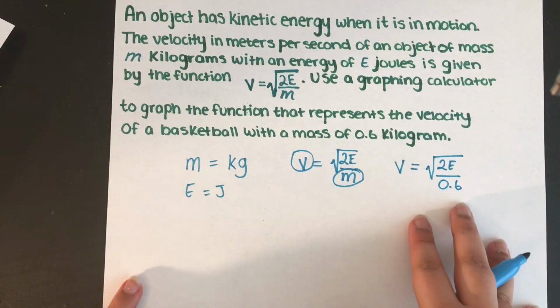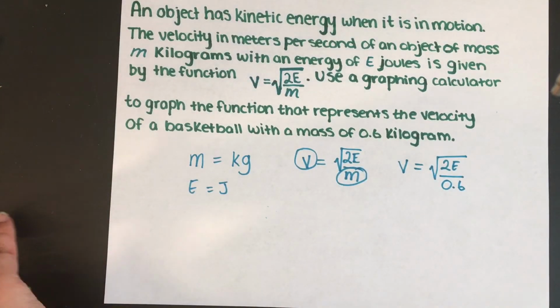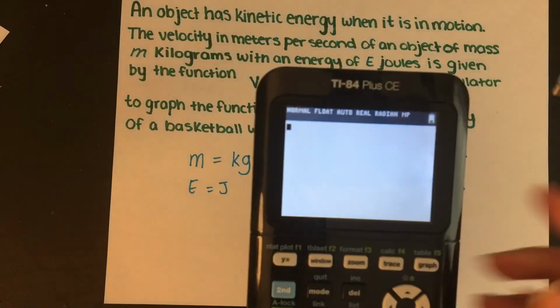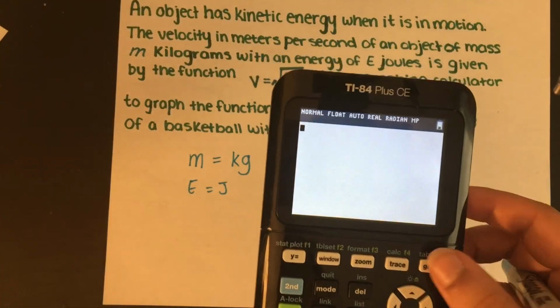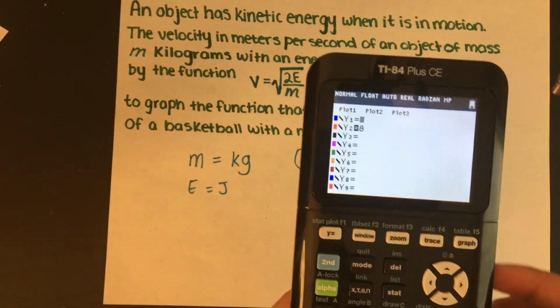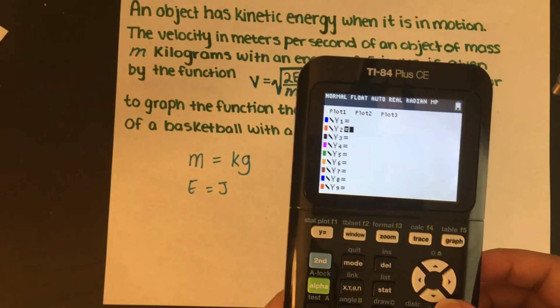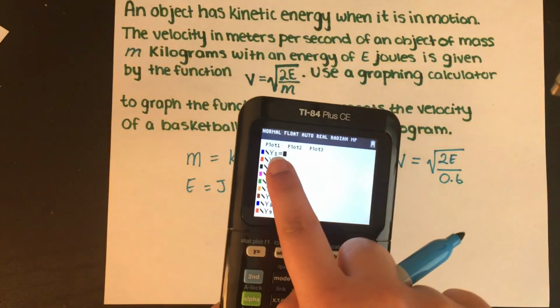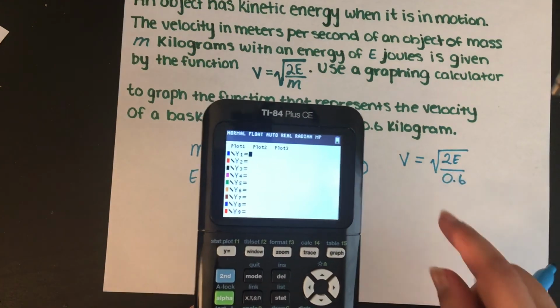Now, this is a little bit of a complicated number to solve by hand, so I'm going to use a graphing calculator to graph. I'm going to put in a few values. So instead of v, we're going to make this y, and instead of e, it's going to be x.